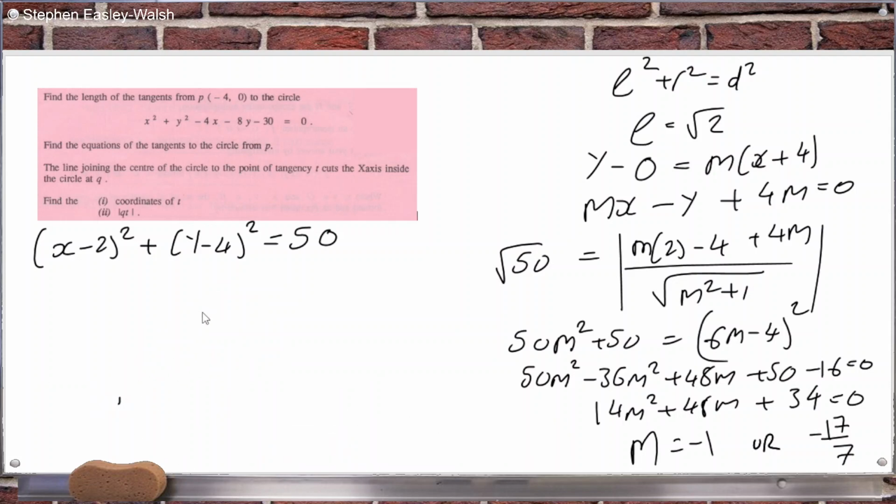It does say find the equations of the tangents. So I have minus 1x minus y minus 4 equals 0. In other words, x plus y plus 4 equals 0.